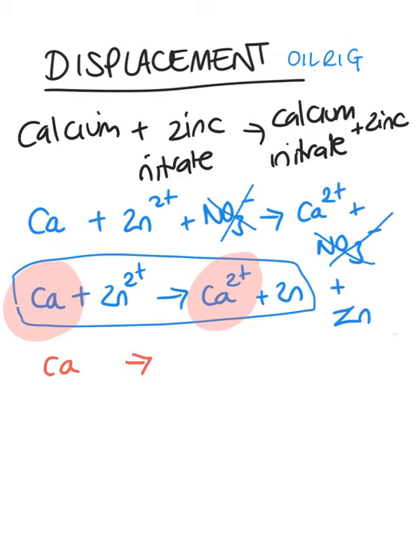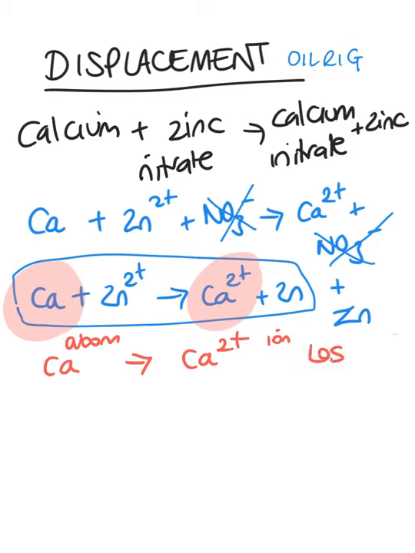It then turns into Ca2+. We need to decide what is happening here. Calcium is a neutral atom, and that calcium is turning into a 2+ ion. This is an atom, this is an ion.